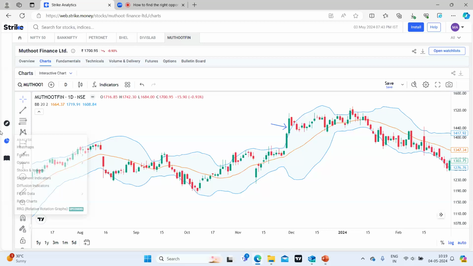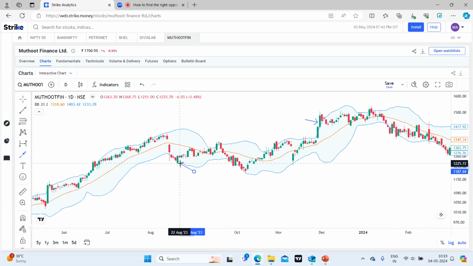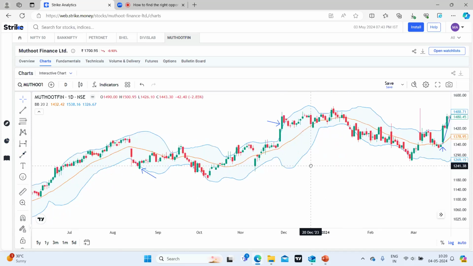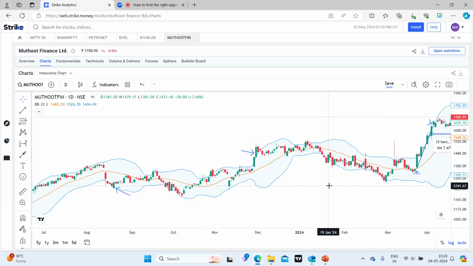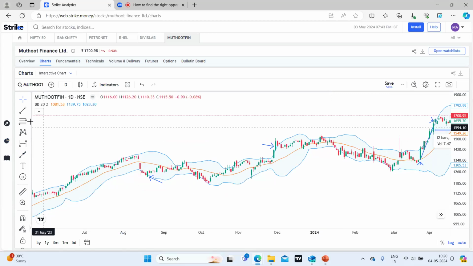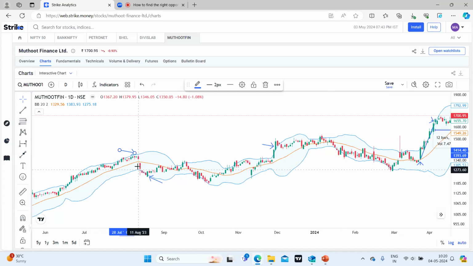When it hits the lower band here, then the price goes into consolidation, right? But to me, we are not using it that way, because if you look here, it hit the Bollinger Band, and instead of going into consolidation, it drops immediately, right?